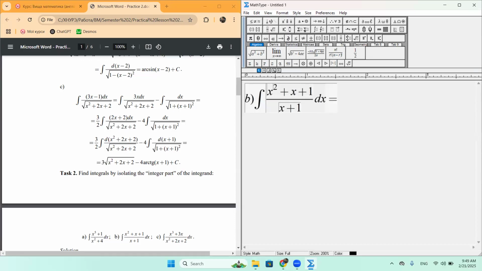So how to isolate the integer part. This fraction is incorrect. So what does it mean? The degree of x in the numerator is greater than the degree of x in the denominator.